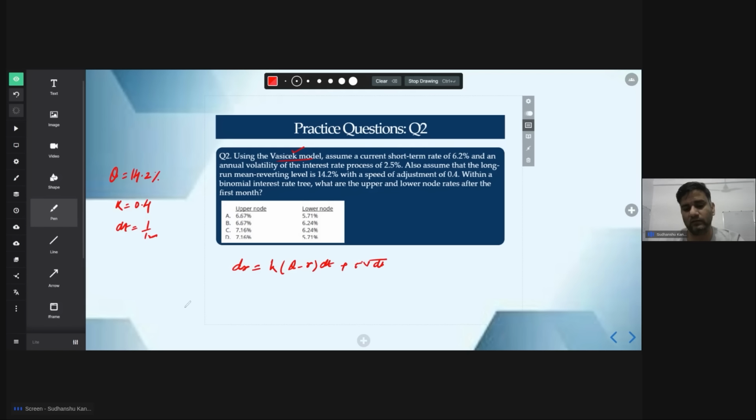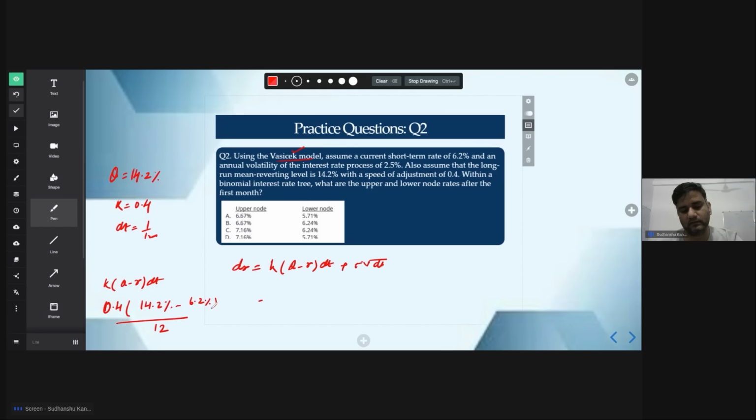If you calculate the first part, K theta minus r dt, you put in the values: K is 0.4, theta is 14.2%, r is 6.2%, dt is 1 by 12.